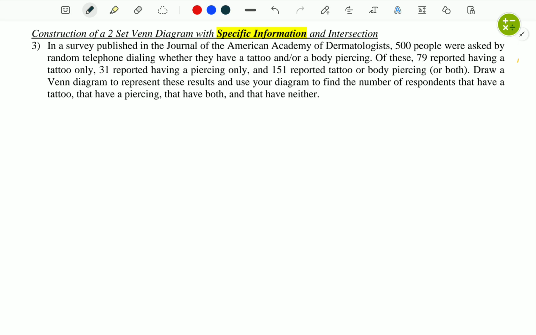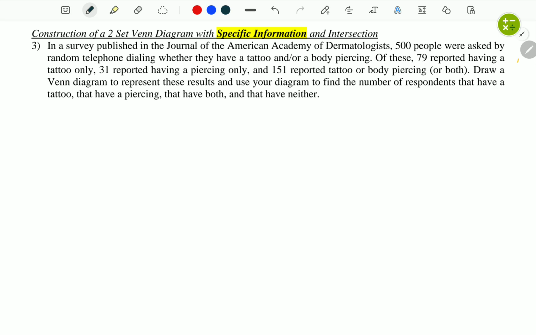Of these, 79 reported having a tattoo only, 31 reported having a piercing only, and 151 reported having a tattoo or a body piercing or both. Draw a Venn diagram to represent the results and use the diagram to find out the number of respondents that will have a tattoo, that will have a piercing, that will have both, and that will have neither.